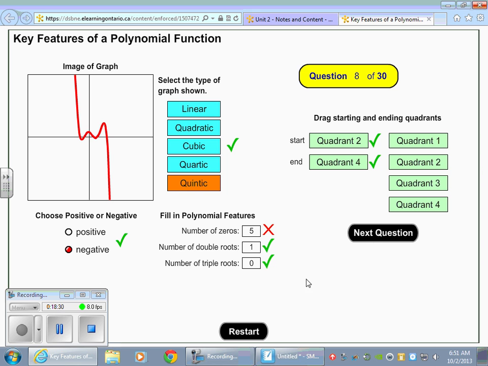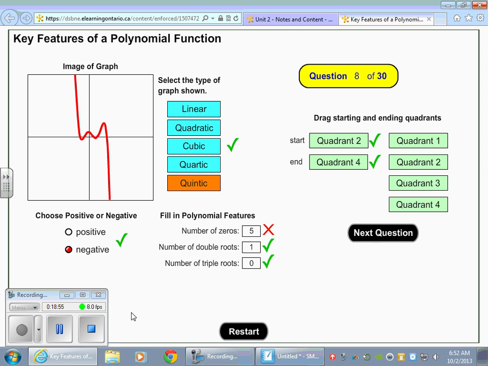So what it's telling me is the double root actually counts as 2 roots. So I have 1, 2, 3, 4. This double root is counted twice. That's why it's called a double root, I guess. So there's 4 distinct zeros, but for the purpose of the quiz, one of them is used twice, so there are 5 altogether. Okay, so I'm going to stop there.